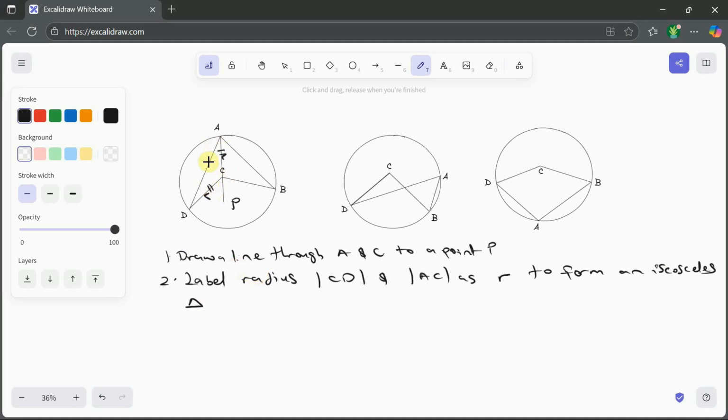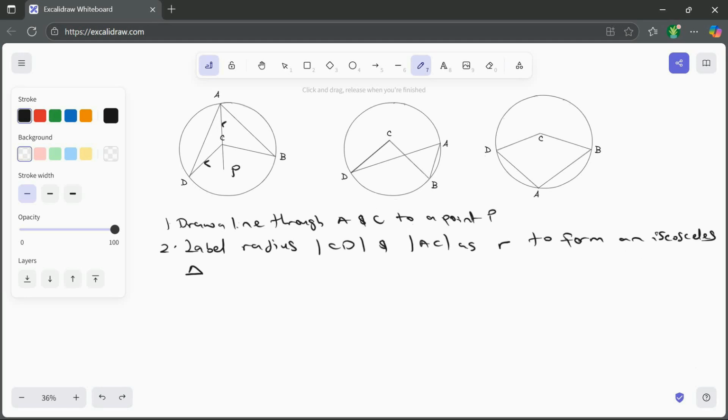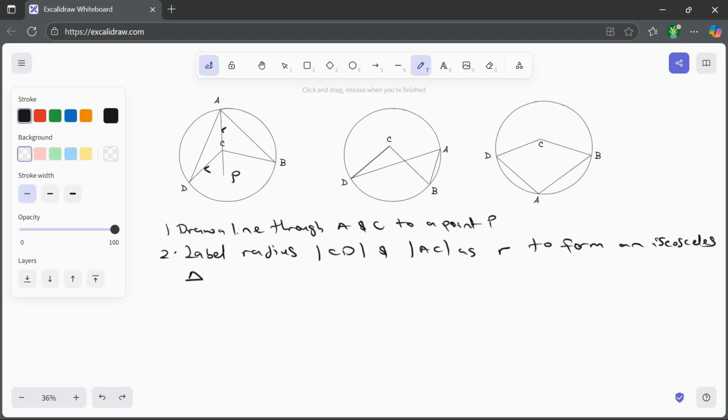What do we say about an isosceles triangle? We said the base angles are equal. So in triangle ACD, the base angles are equal. So that means this guy is X, this guy also is X.